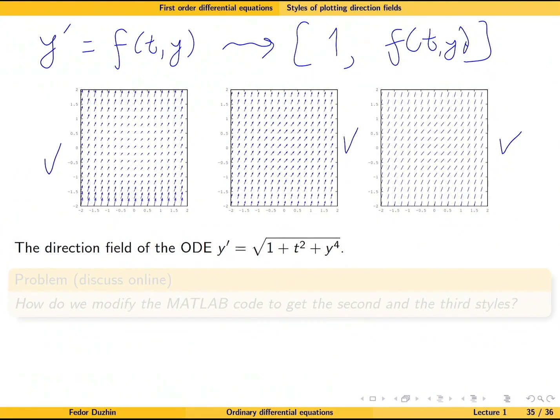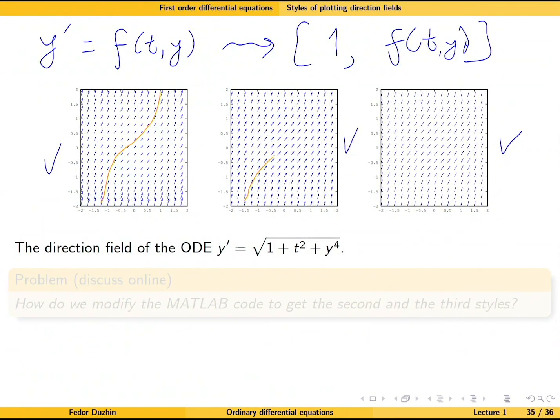Because the most important thing about these arrows is that every solution of a differential equation is tangent to the direction field at each point. Whether it is tangent or not does not depend on the length of the arrow, and it does not depend on whether it is actually an arrow or an interval.